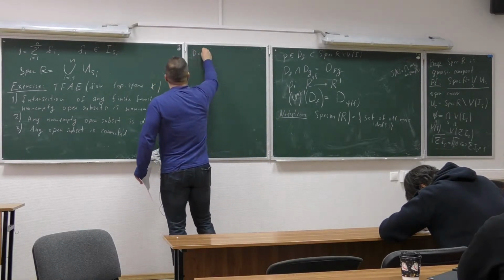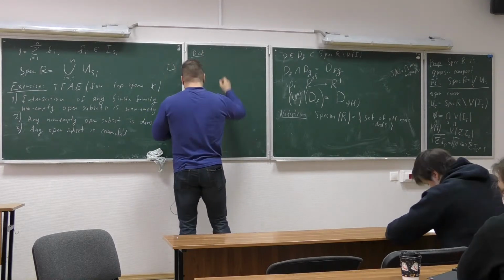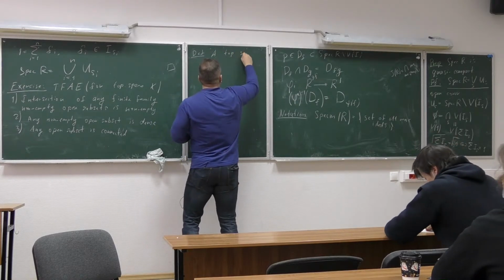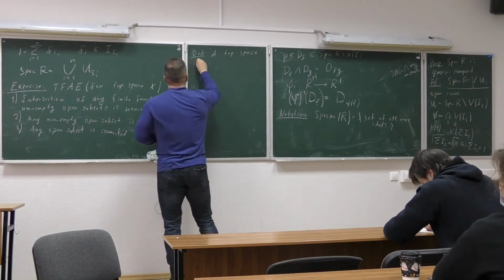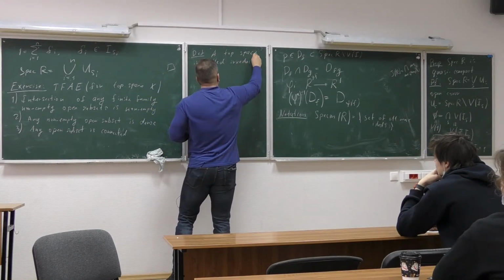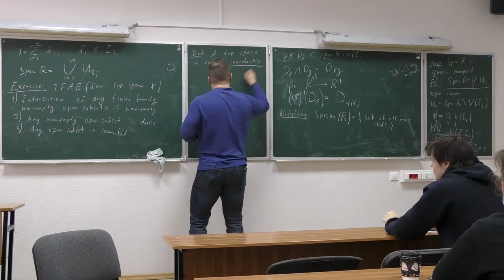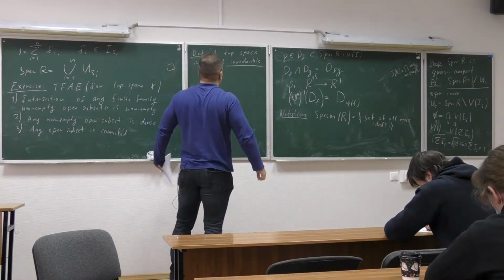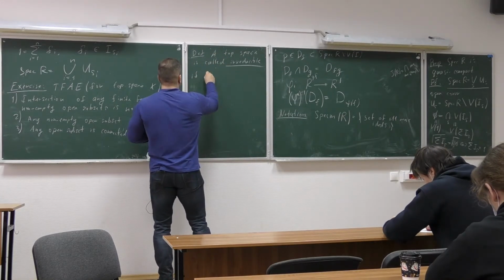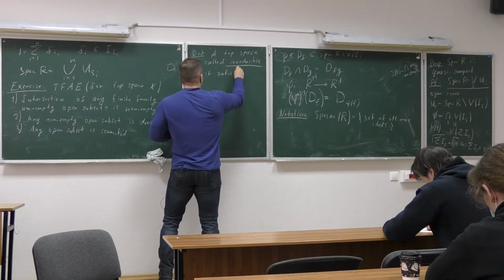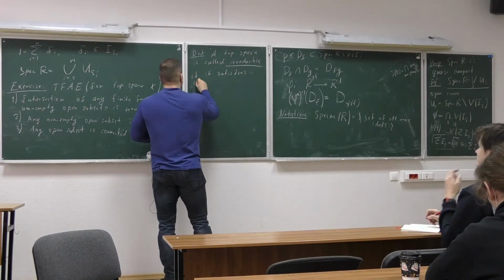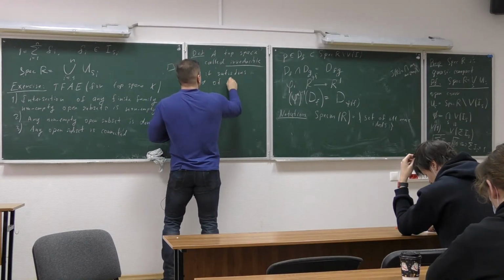So, a definition: a topological space is called irreducible, quite an important notion when you do commutative algebra and algebraic geometry, if it satisfies the conditions of the exercise.